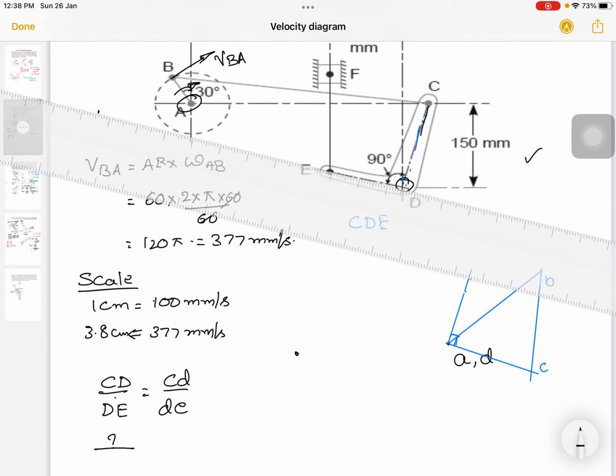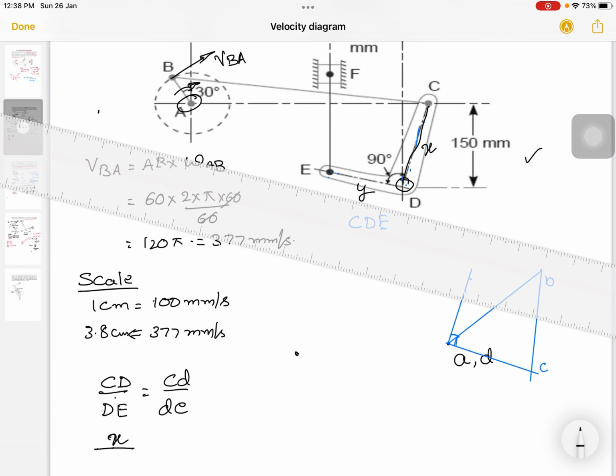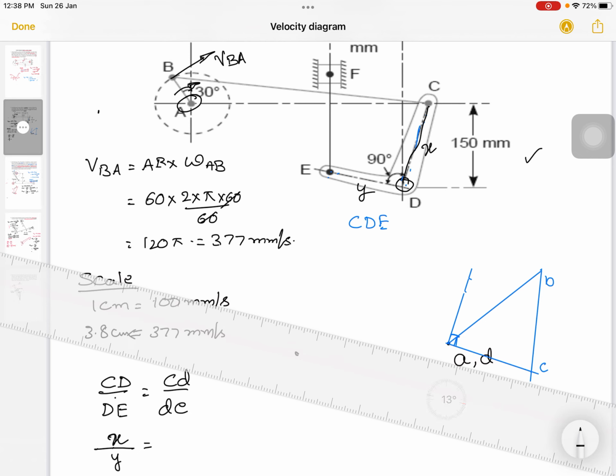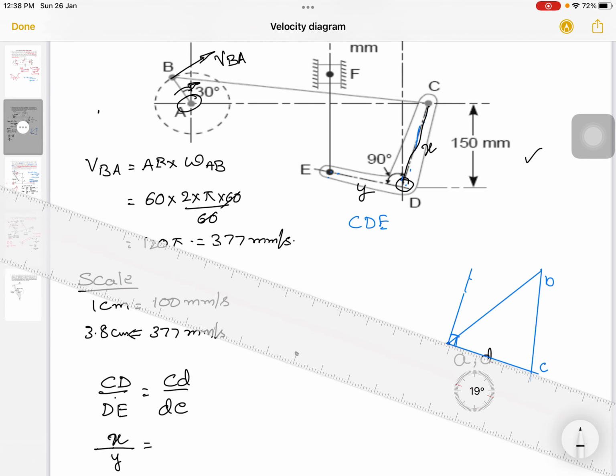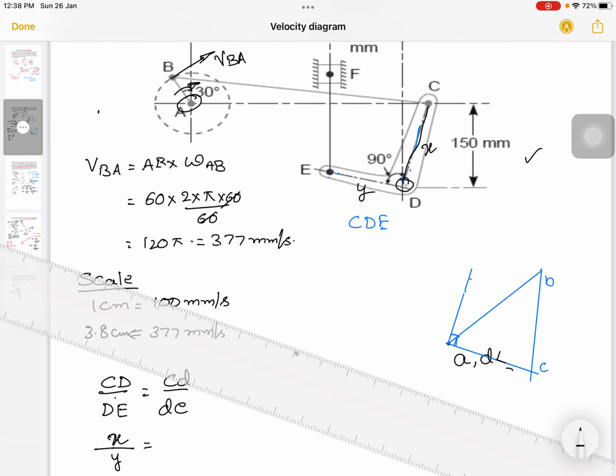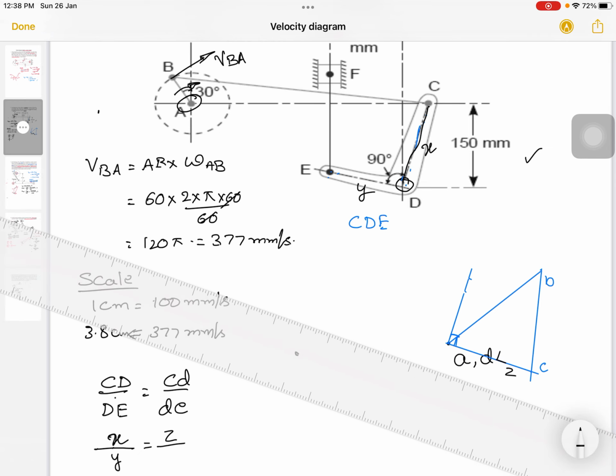I am assuming this length will be X, this length will be Y, which is equal to CD, and let us take this as Z. From that you can calculate the DE value.